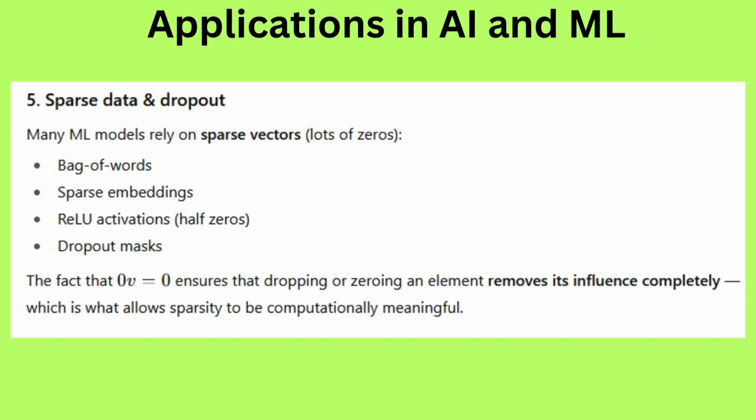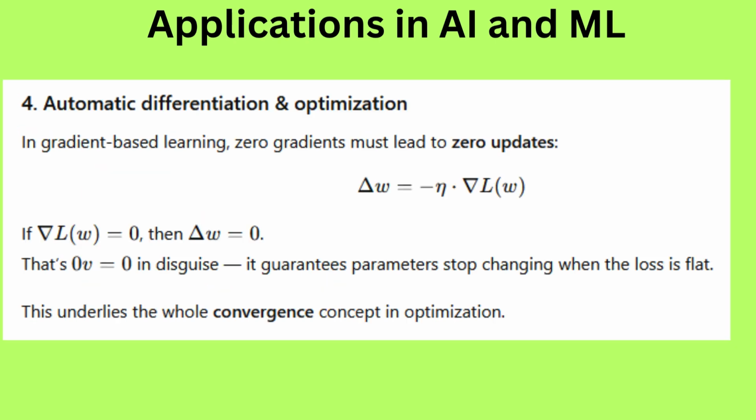So I think you can start to get the hang of why these zeros, something self-explanatory, should be there. Excuse my ordering. Then there's automatic differentiation and optimization. In gradient-based learning, zero gradients must lead to zero updates, as shown below. This underlies the whole convergence concept in optimization.